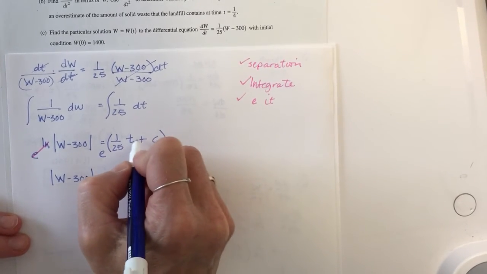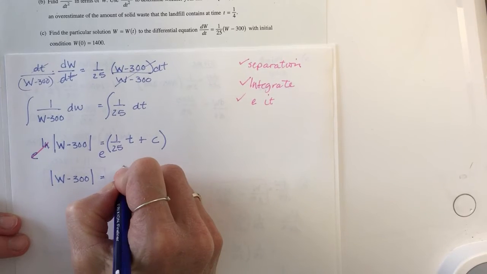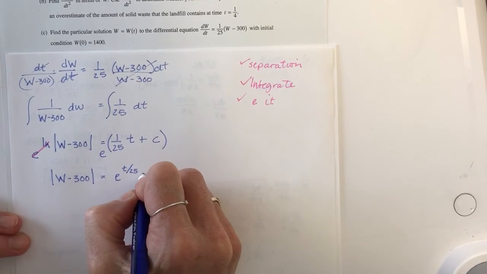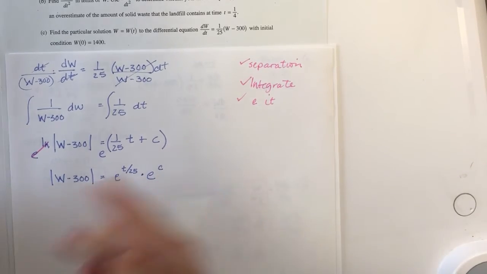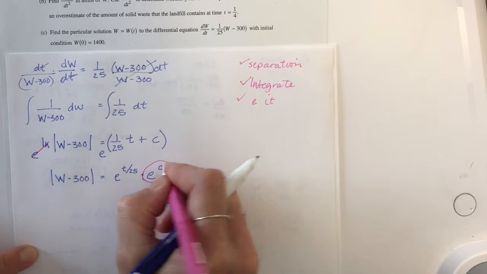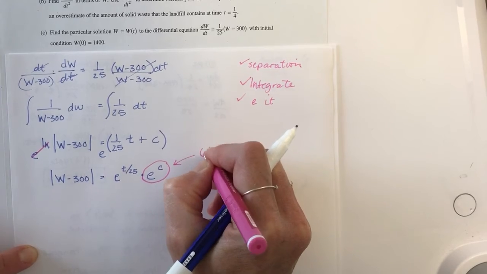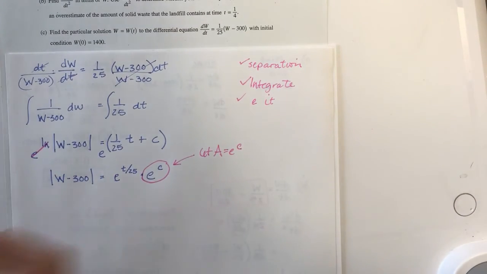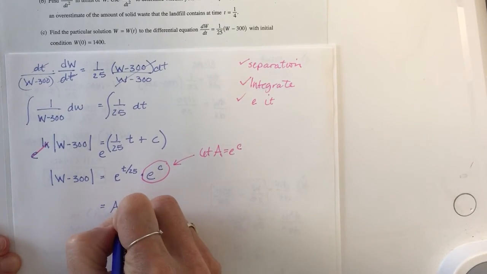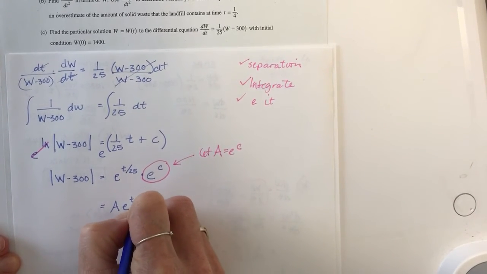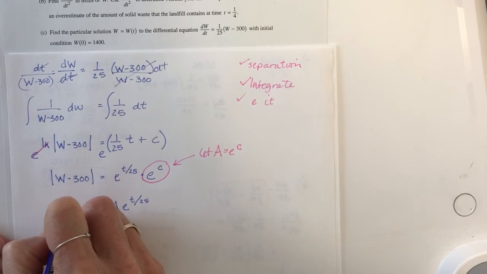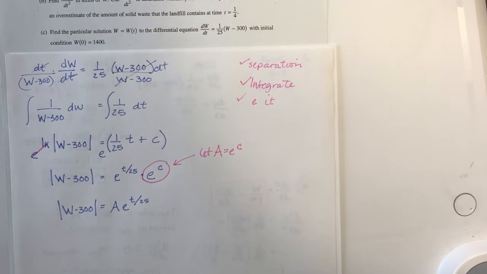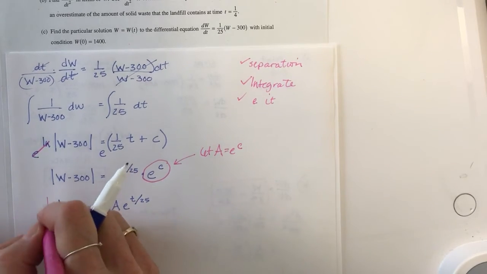Remember, if we're adding in an exponent, that means multiplication, right? So it's e to the t over 25 times e to the c. And remember what we do with e to the c? Let A equal e to the c. So that's going to get replaced. And now we've got our nice equation. I would leave it like that. That's our general solution.